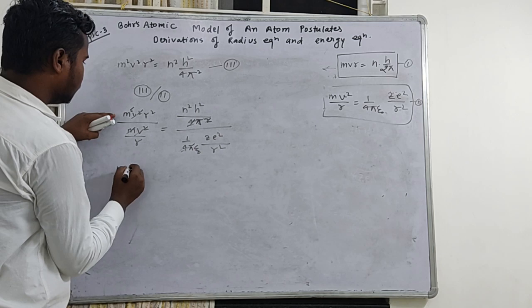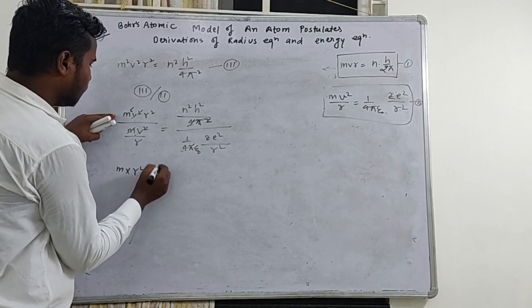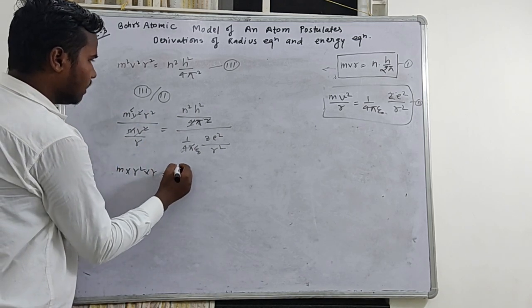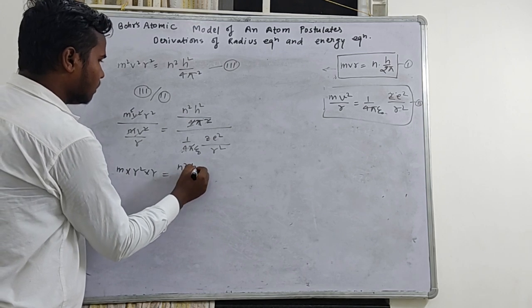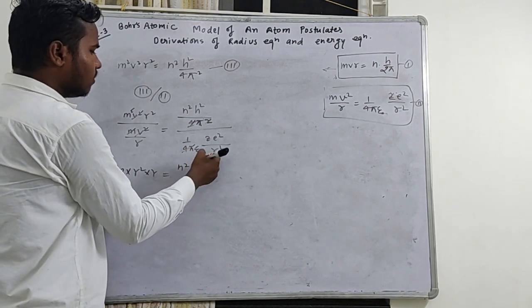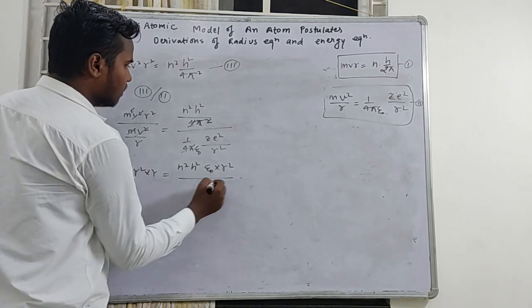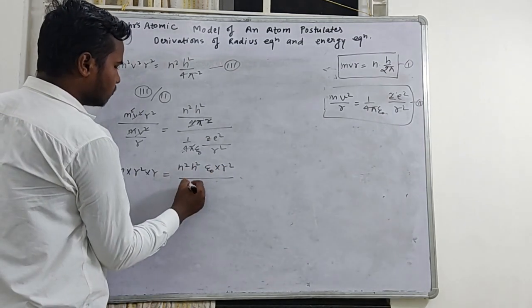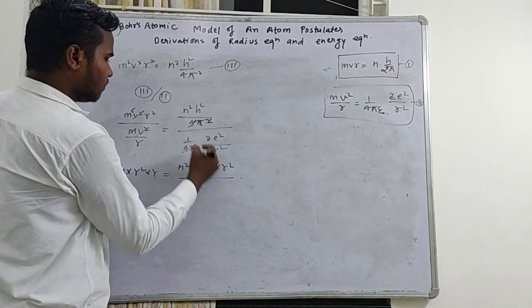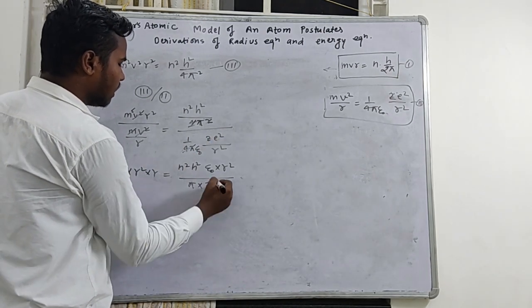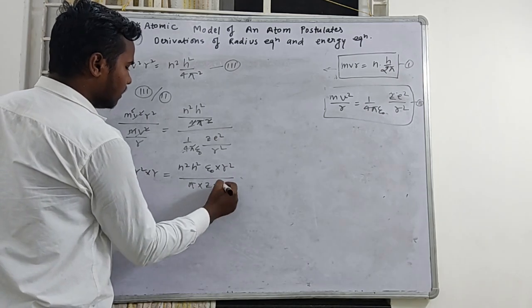Here we get m into r square into r on the left, and n square h square epsilon naught and r square go up, divided by pi into z into r square e square.